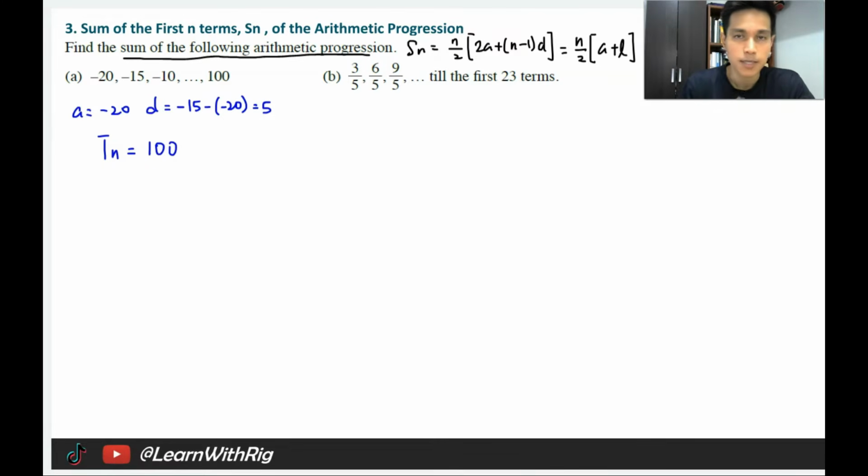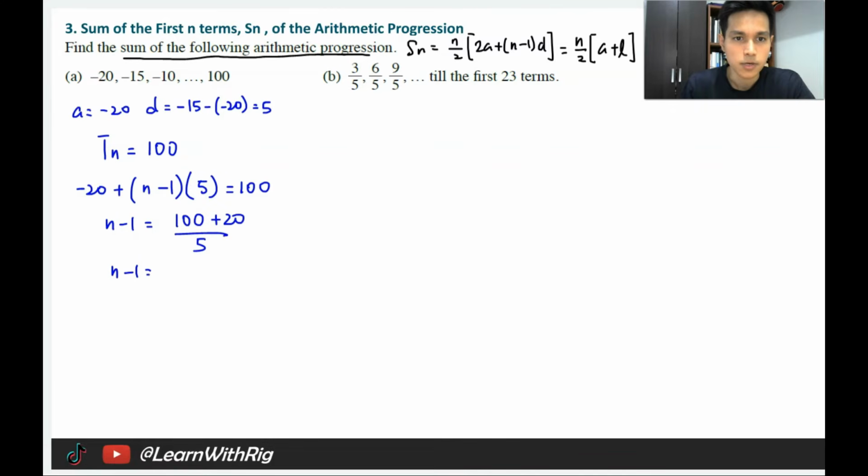By getting the n value, you are finding out how many terms there are. So what is the formula? a, which is negative 20, plus (n minus 1), where you don't know n, times d, which is 5, equals 100. Now you shift, so n minus 1 equals (100 plus 20) divided by 5.